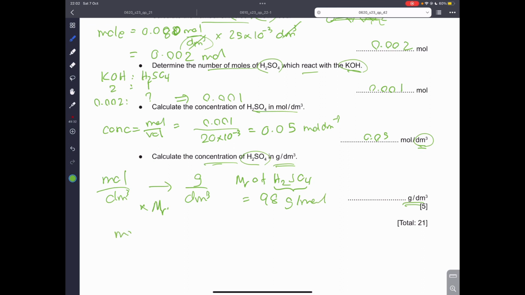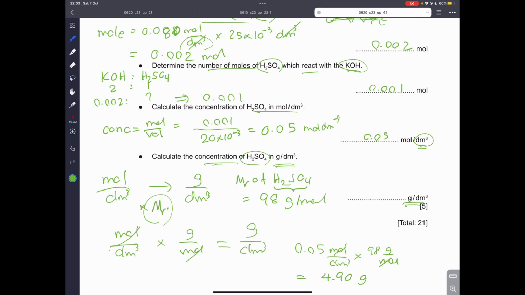So mole per dm cube multiply the MR, which is grams per mole. Now you can see that the moles and moles cancel out. Now this gives us grams per dm cube, and this is why we have to multiply it by MR. So basically use the previous 0.05 mole per dm cube, multiplied with 98 grams per mole. Now this gives us an answer of approximately 4.90 grams per dm cube. And this is how you work out the answer here.